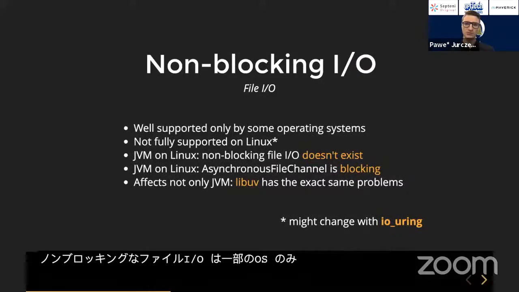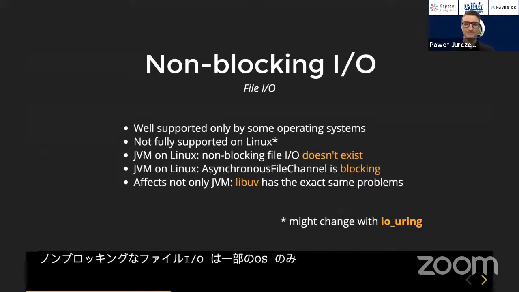Okay, when it comes to file-based operations and performing them in a non-blocking manner, there are a couple of problems. The first problem is that not many operating systems support that well. And unfortunately, Linux is not one of them. At least it wasn't until io_uring was released.